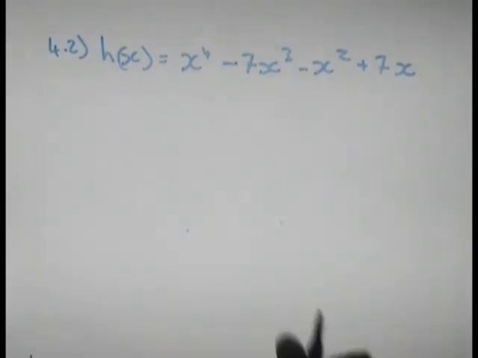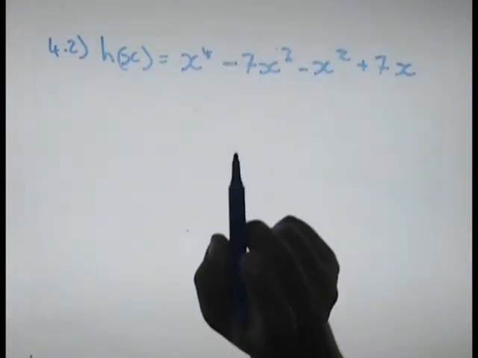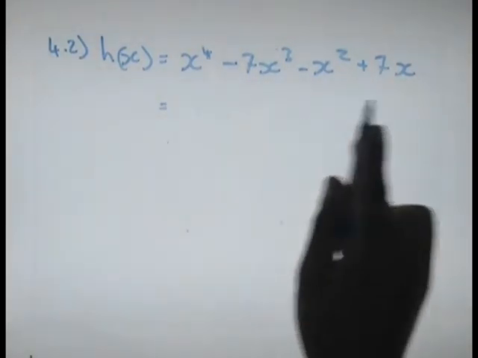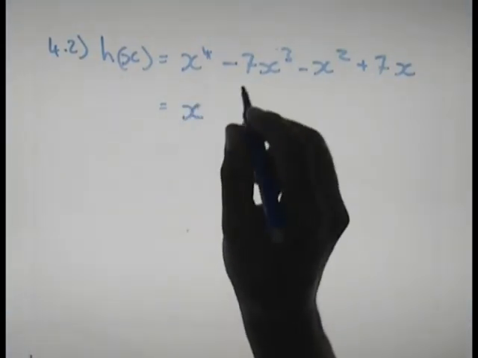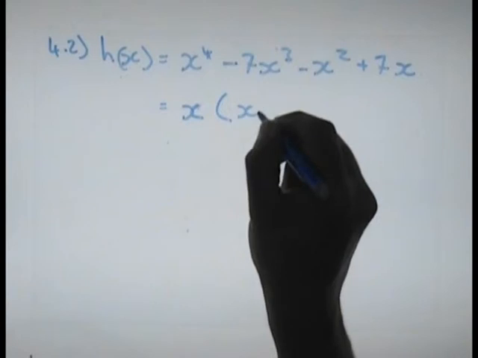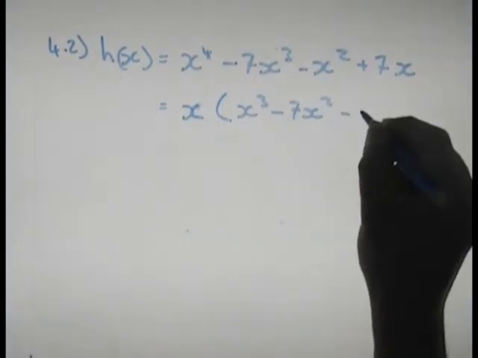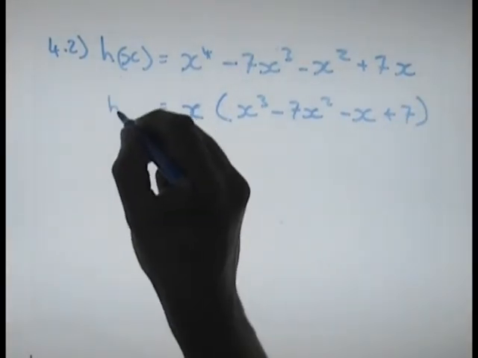This does look like a little bit of a nasty one, especially because we've got an x to the power 4, but remember we are factorizing. Is there a common factor? I can get a common factor of x multiplied by x cubed minus 7x squared minus x plus 7, and that's h of x.